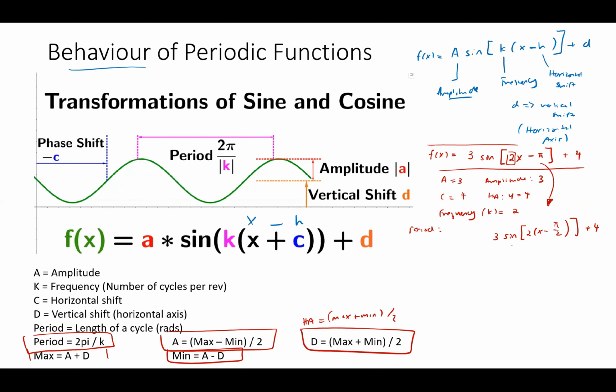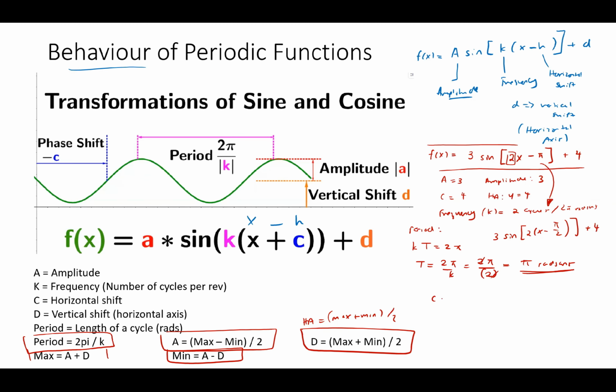Essentially, if you know your frequency, you can find your period, because the frequency times the period is 2 pi radians. So the period is 2 pi radians over the frequency, which is 2 pi over 2. This means there are 2 cycles per 2 pi radians. Each cycle should be pi radians, so hopefully that makes sense. This tells us that each cycle occurs in a pi radian stretch.